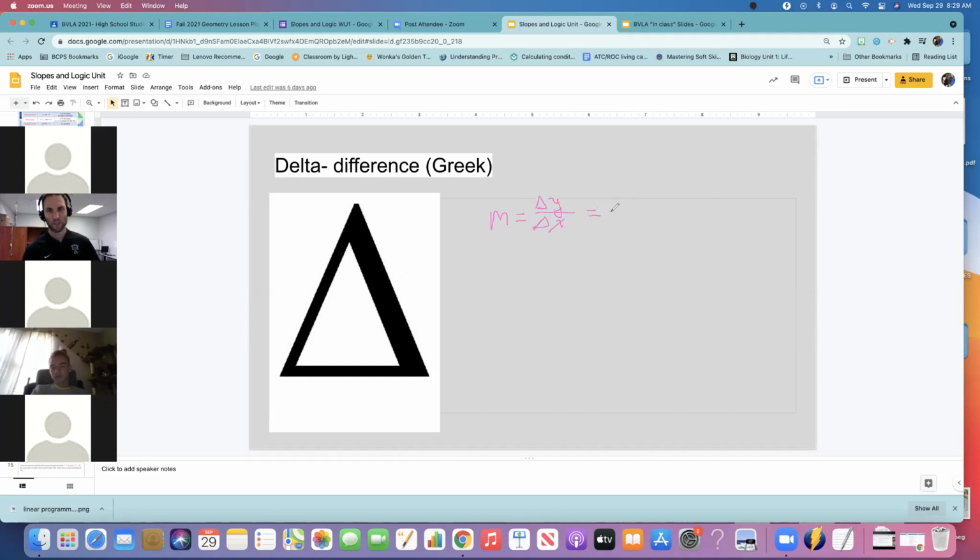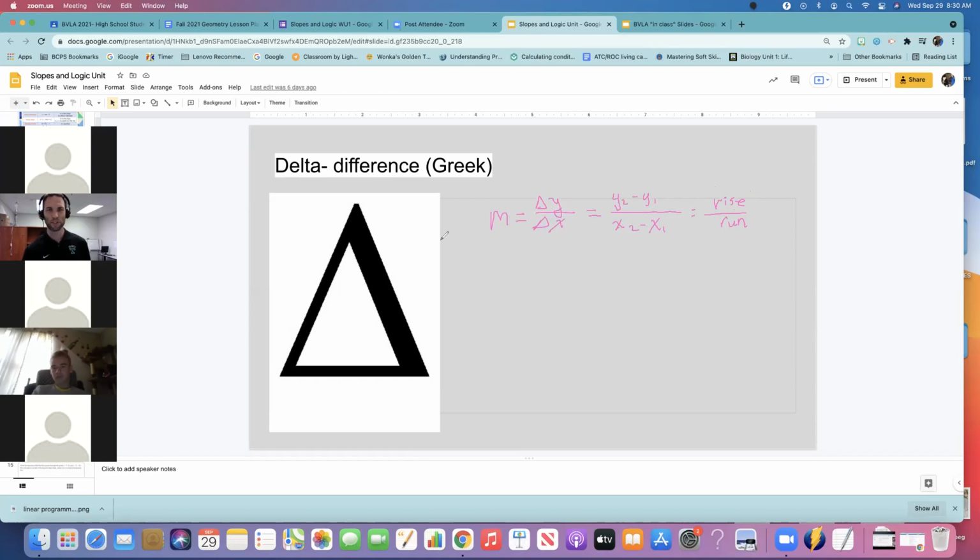Another way of expressing this, as you've seen, is y2 minus y1, the difference, divided by x2 minus x1. It's all the same thing. Another way to say it is rise divided by run.